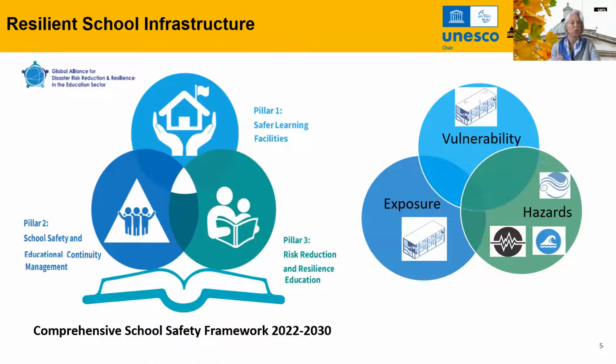Some of you might recall that I already used these slides to introduce the Comprehensive School Safety Framework 2022-2030. This has been brought together by the Global Alliance for Disaster Risk Reduction and Resilience in the Education Sector.